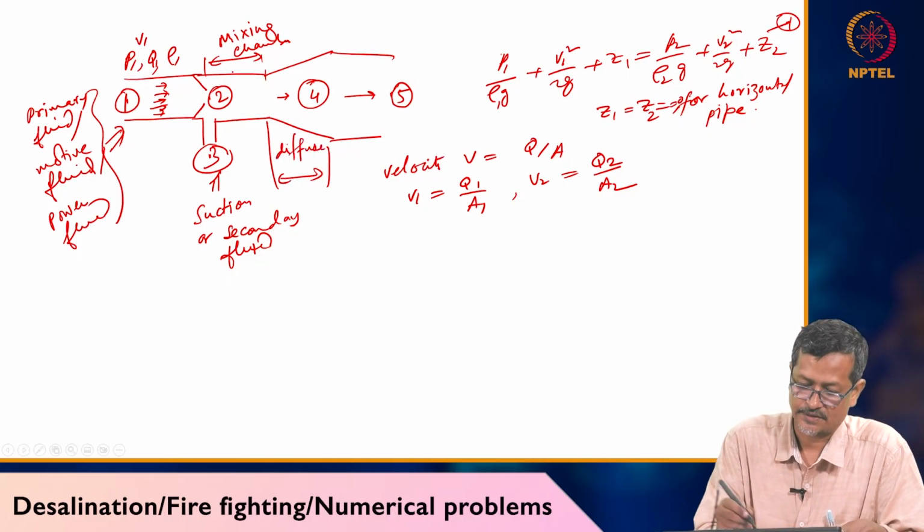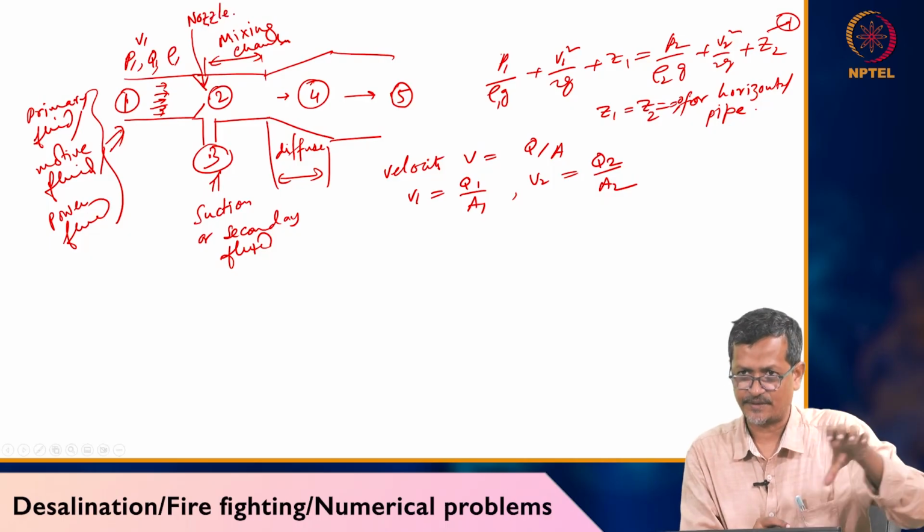This is called the nozzle. The nozzle will have a lesser diameter than the main pipe.